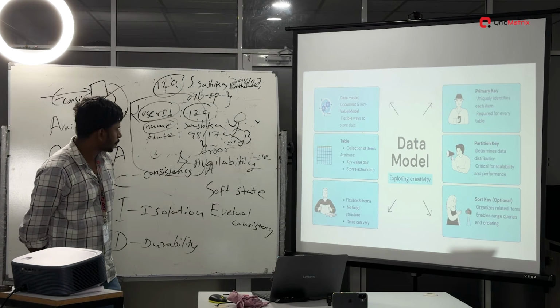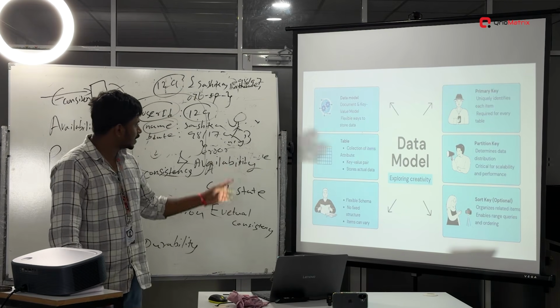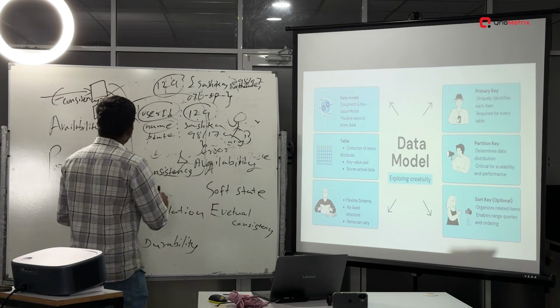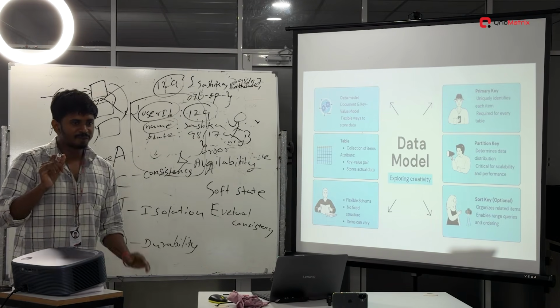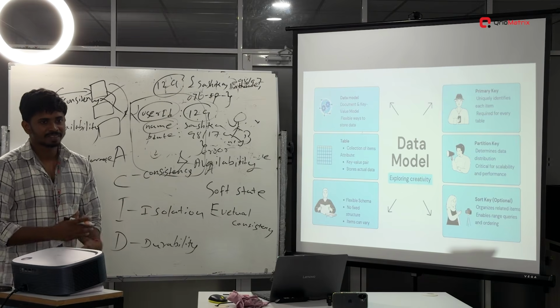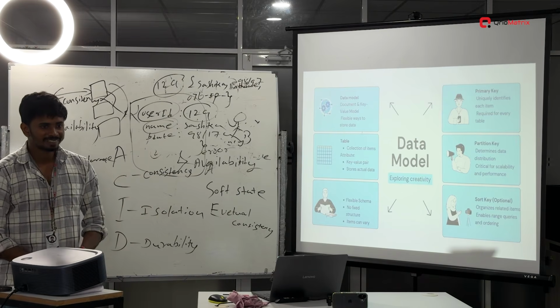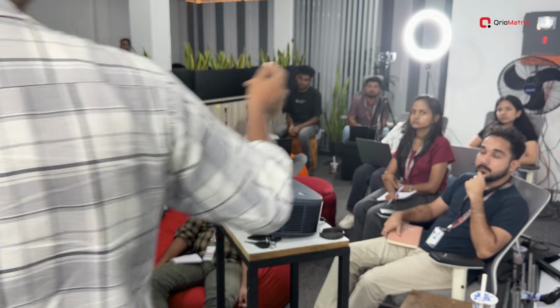And also this contains a primary key. Why do we use a primary key? Uniquely identify. Yeah, that's the thing.